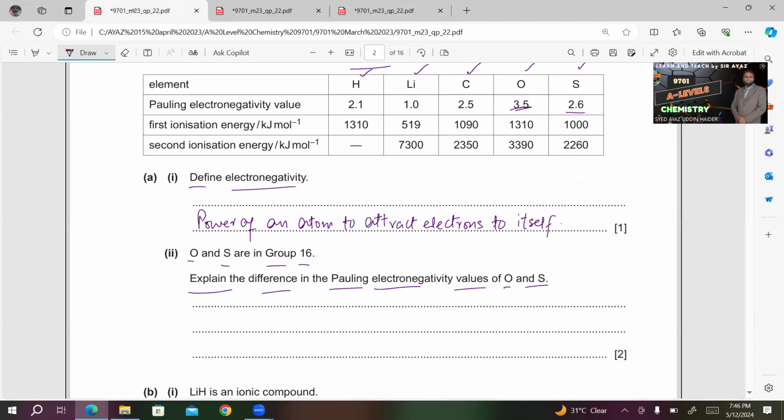So what we will write here, oxygen have fewer shell than sulfur, which means there will be less shielding of outer electrons.